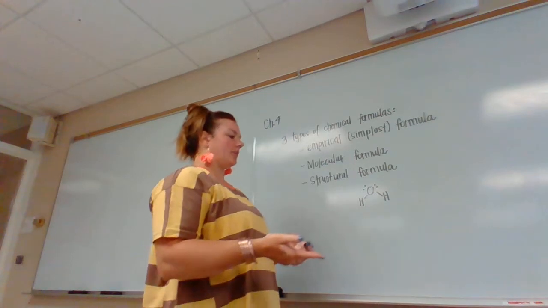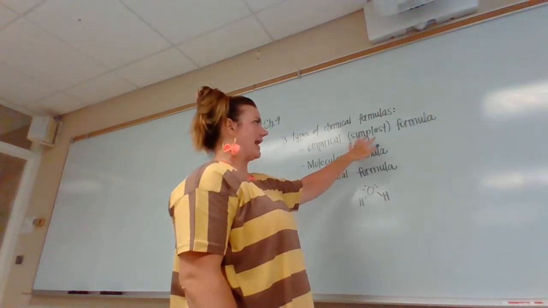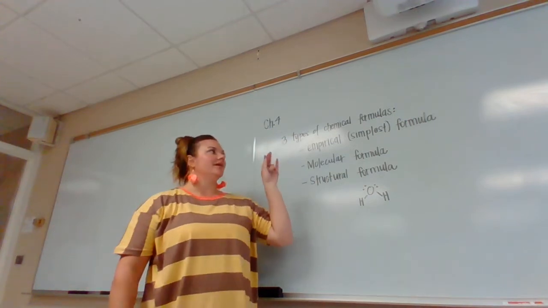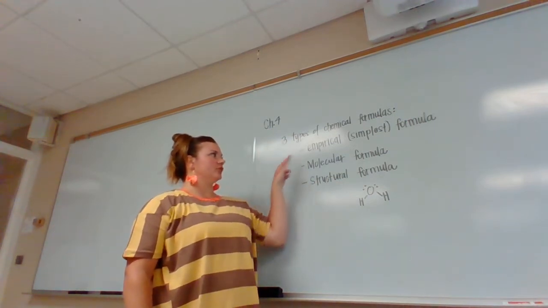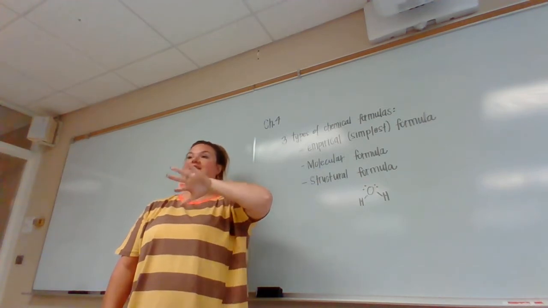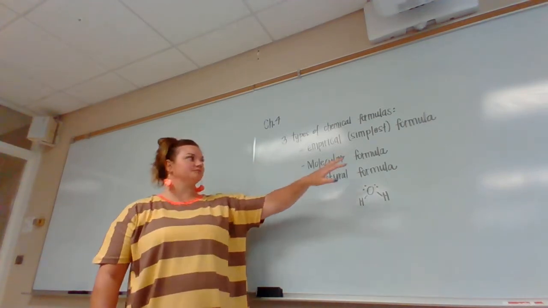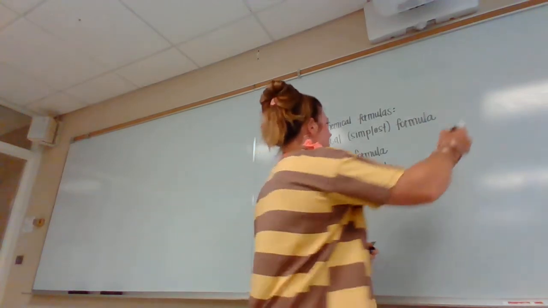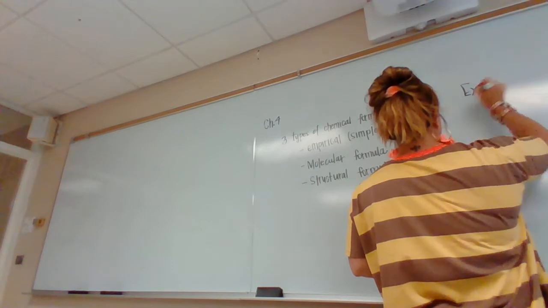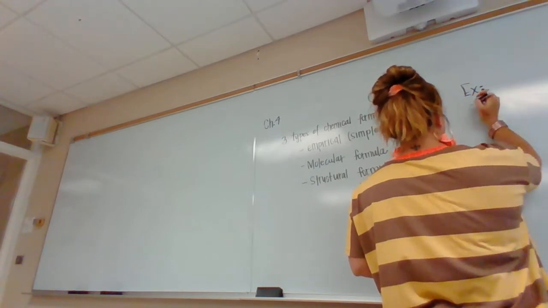For ionic compounds, you're always going to have the simplest formula. That's just how they work. Empirical and molecular formulas are only different for covalent compounds or molecules.